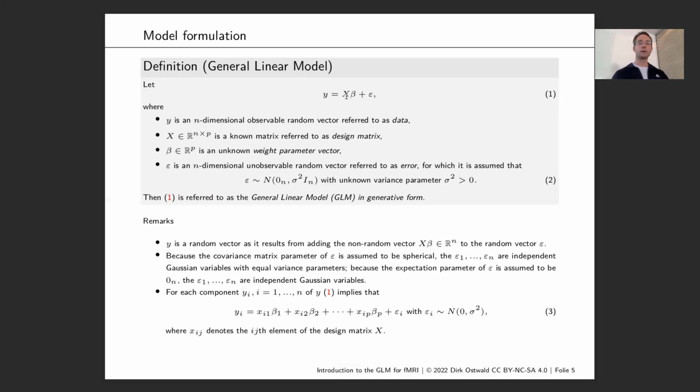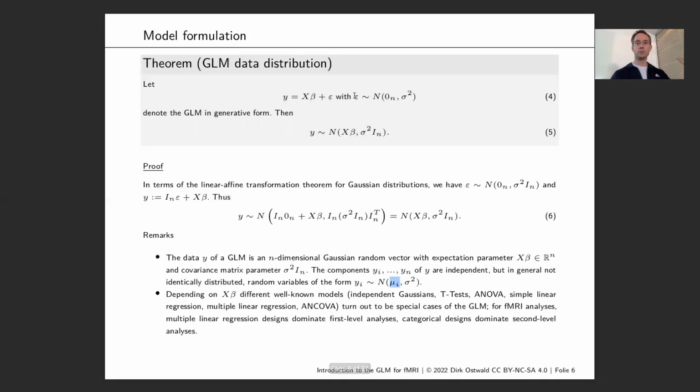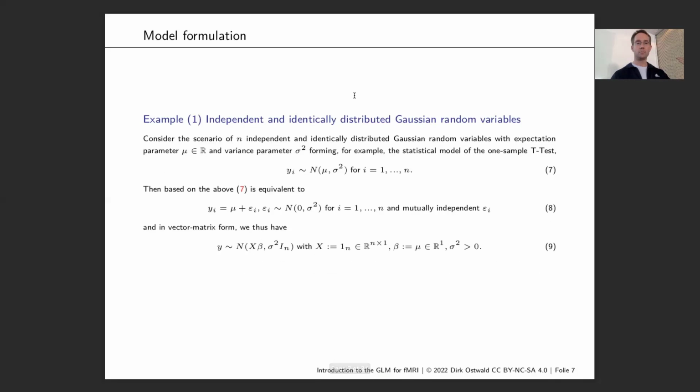Then it follows that if you have just a column, your beta is only a scalar, and everything else is as it always is. So now your one sample t-test design, or your independent and identically distributed Gaussian random variables, become a special case of the GLM. And if that would be the only special case, then there would be no point. But of course, there are more special cases.